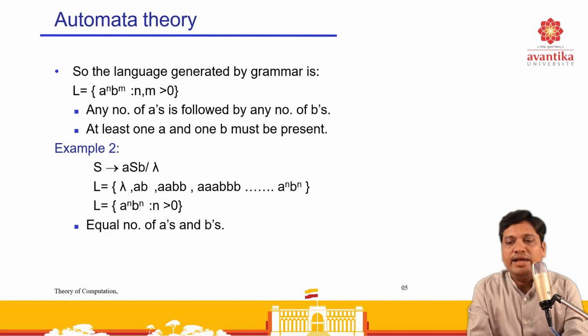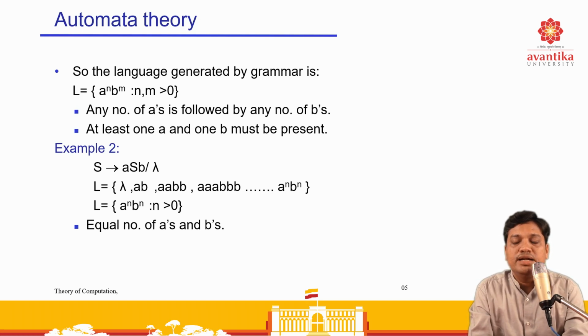So the language in this particular grammar is a to the power n b to the power n, with the condition n greater than 0. We conclude that this grammar results in equal numbers of a's and b's.